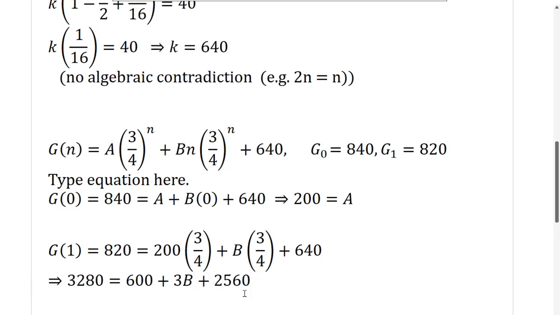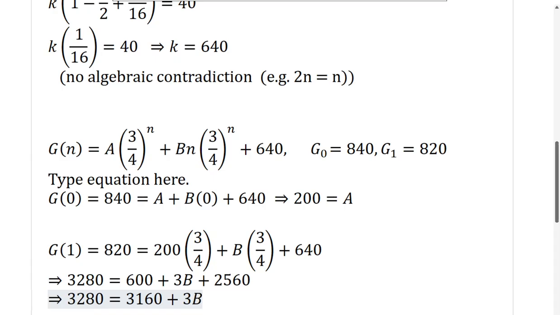Anyway, so this gives 3280 minus 2560 is 720 minus another 600. Wait a minute, I'm going to do that. So 3280 equals 3160 plus 3b.